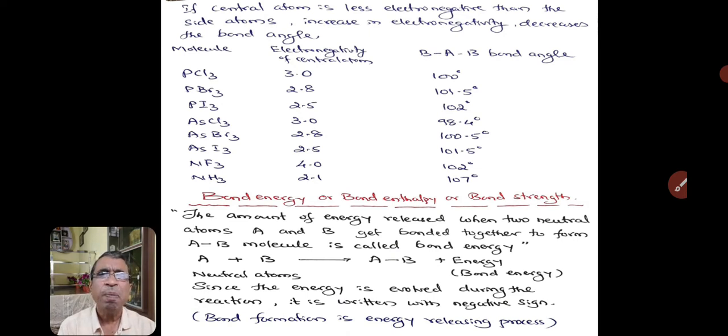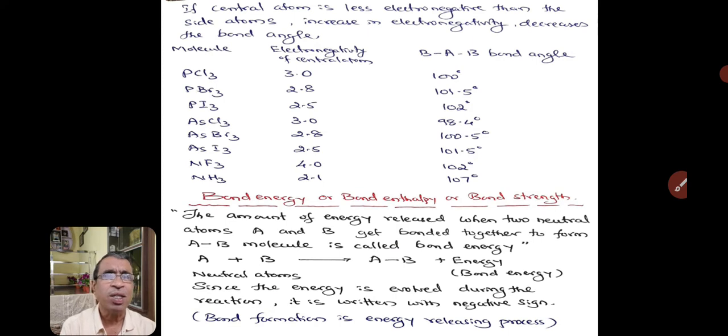When I take PBr3, the electronegativity of the central phosphorus atom is the same, but the electronegativity of bromine is 2.8, whereas that of chlorine was 3.0. So the electronegativity of Br is less than Cl, and the central atom still has less electronegativity than the surrounding atoms.